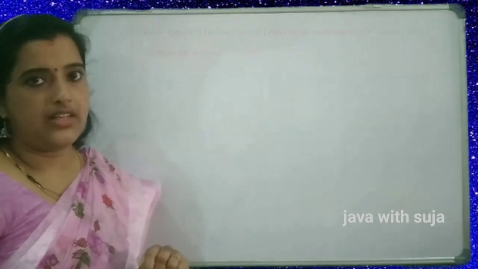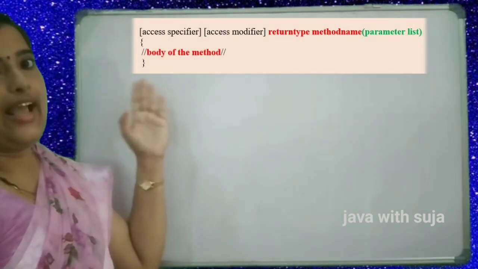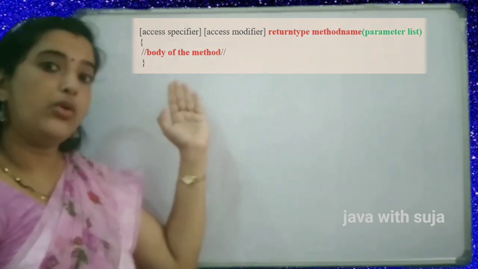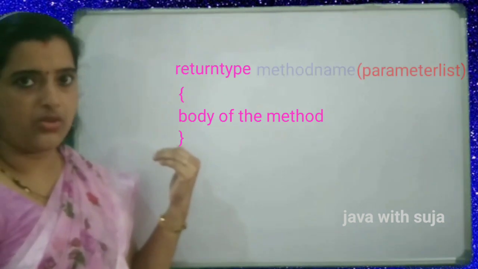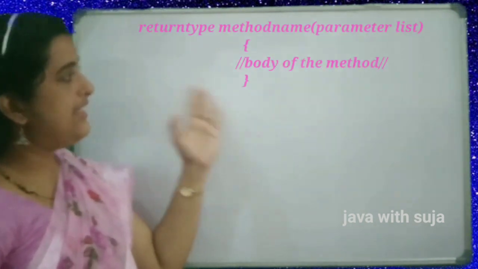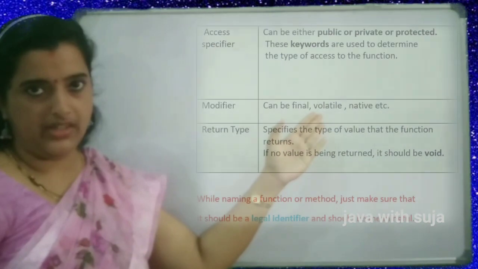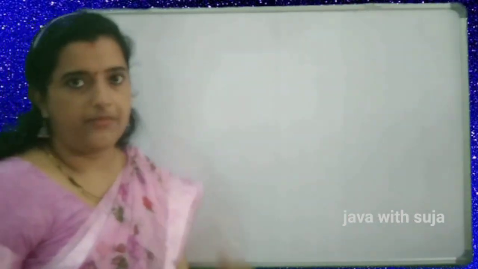The rest 2 parts are optional, which means the first 2 parts, access specifier and access modifier, are both optional. If you want, you can include them, or else you can omit them. But the compulsory parts are return type, method name and argument list. So normally it will contain the body of the method.